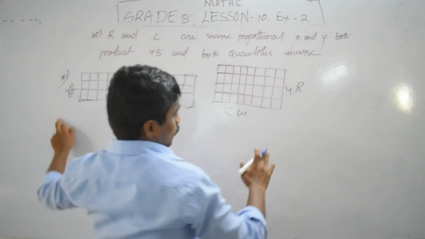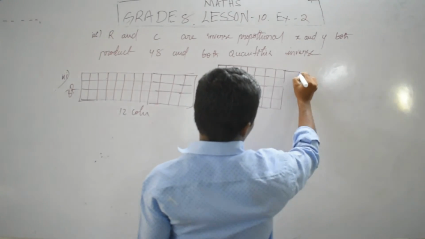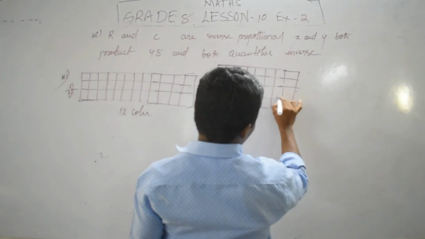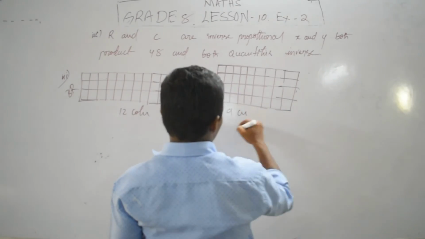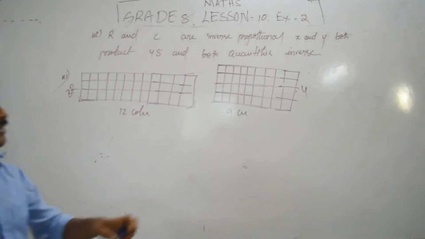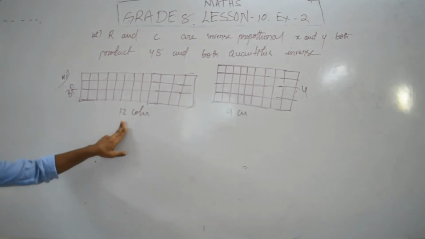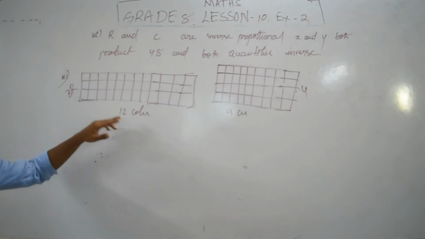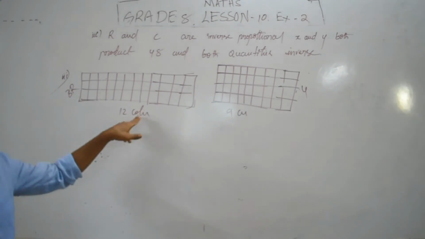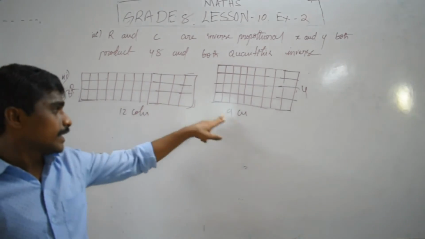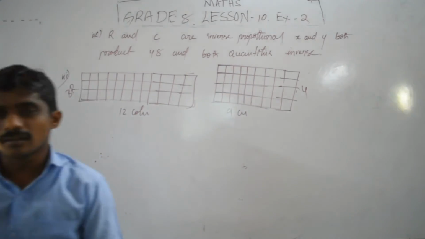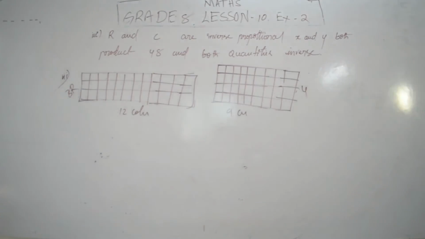And 9 4s are 36. Both are equal. So here X quantity decreasing, Y quantity increasing. So that is inverse proportional. Right, fourth one.